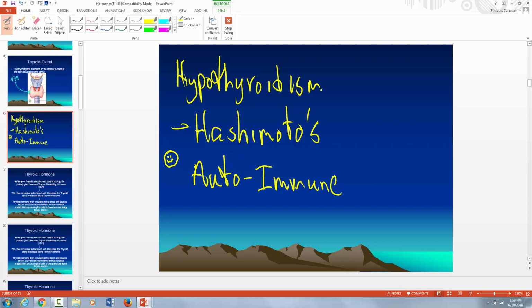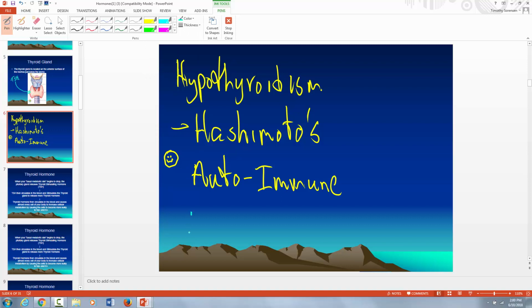Now, if you understand that, then it's going to make perfect sense. So the antibody can be measured. And in people with Hashimoto's disease, that antibody is very high.